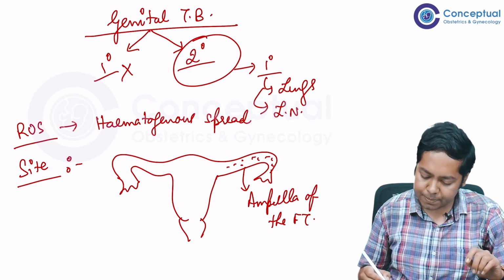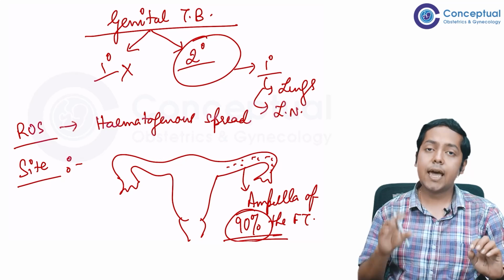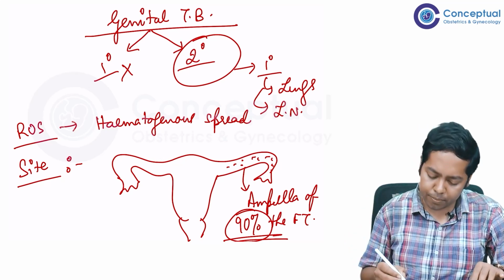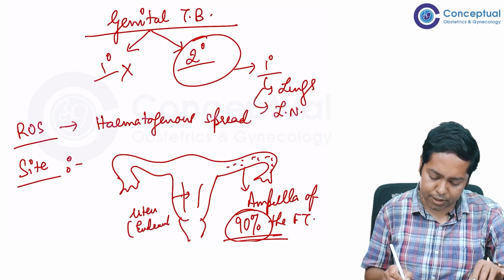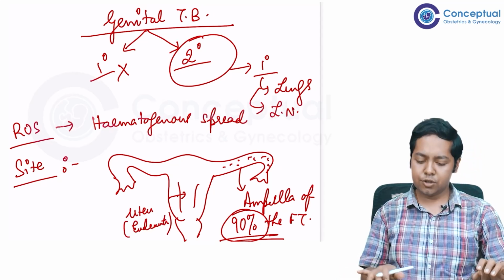More than 90% of the cases affect the tubes, followed by the second most common site, the uterus, that is the endometrium.